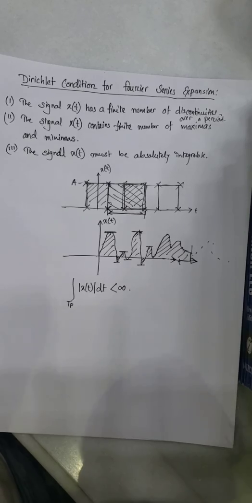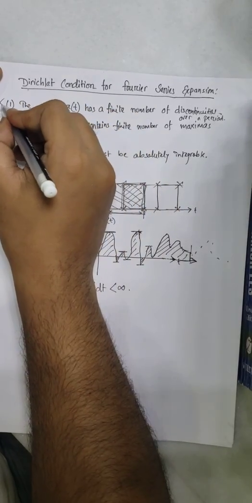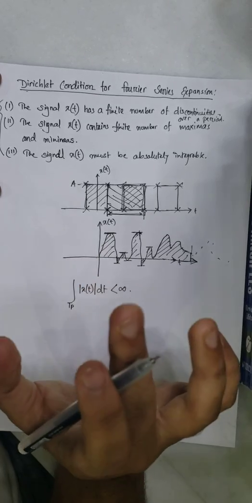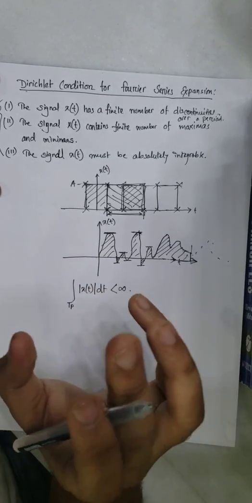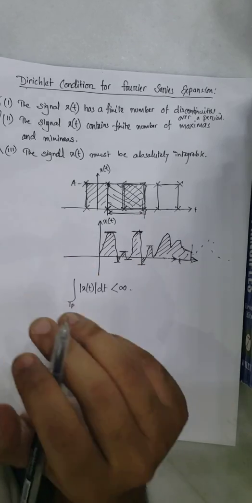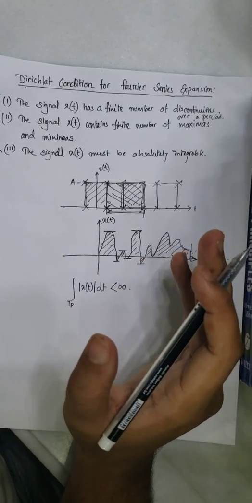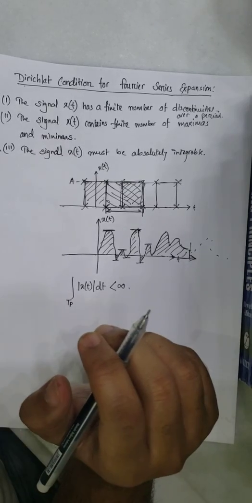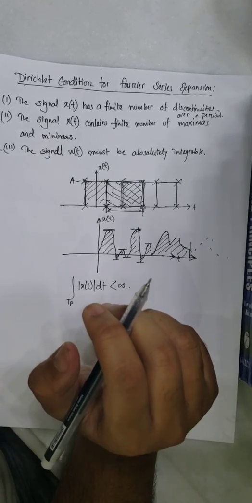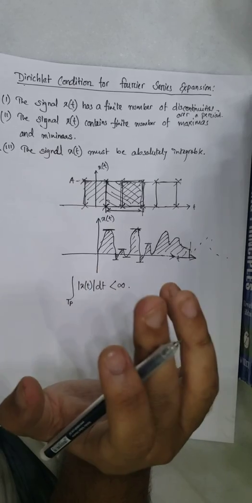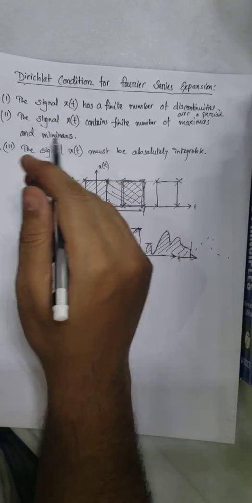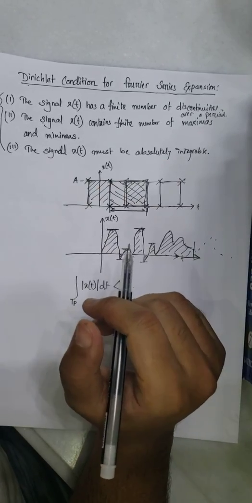Now, if any signal follows these three conditions, it is guaranteed that the signal has a Fourier series expansion. But what happens if the signal does not follow this condition or does not follow all of the conditions? It is not necessary that a signal which does not follow the Dirichlet condition will not have a Fourier series expansion.